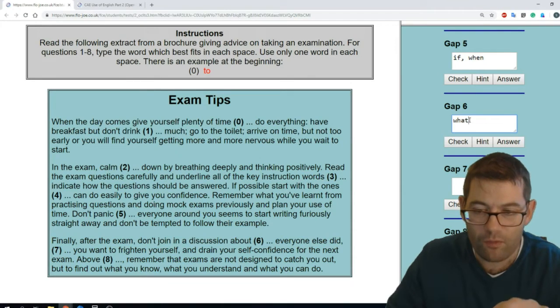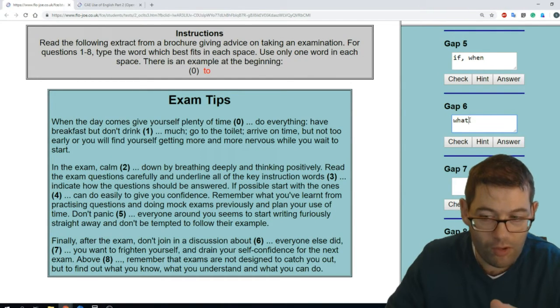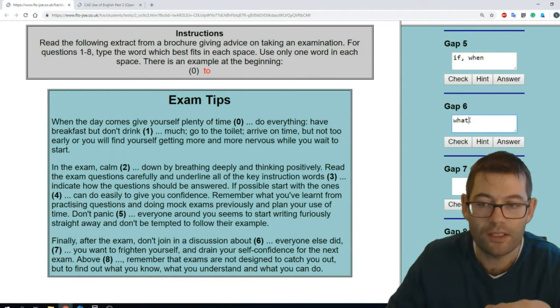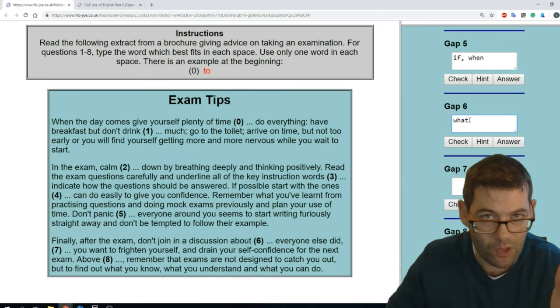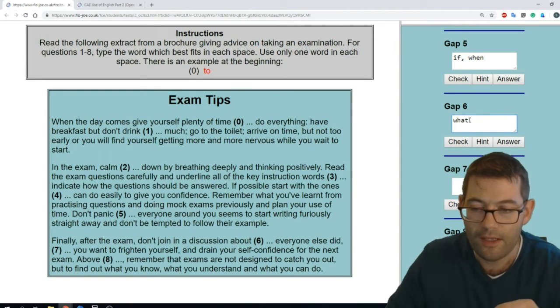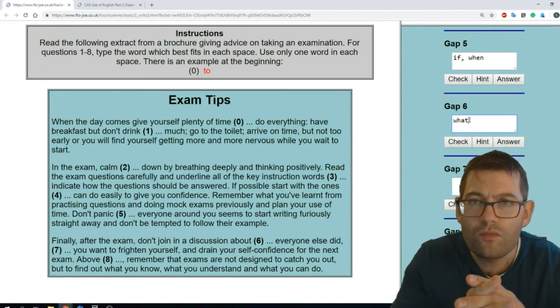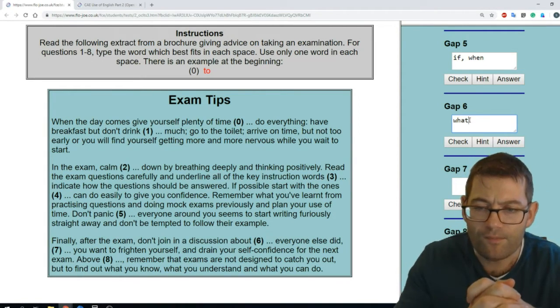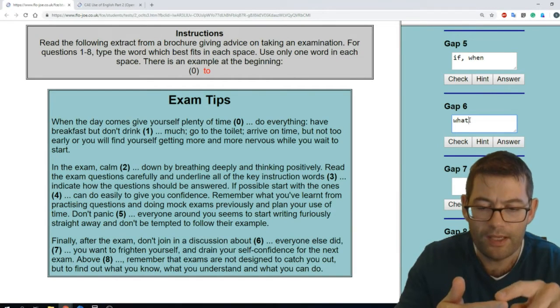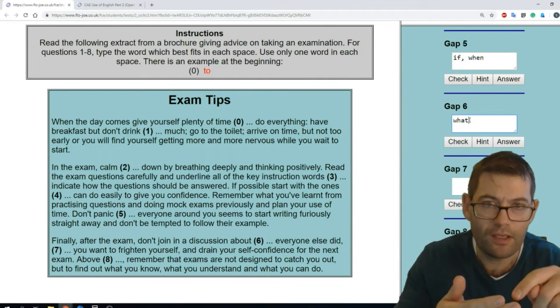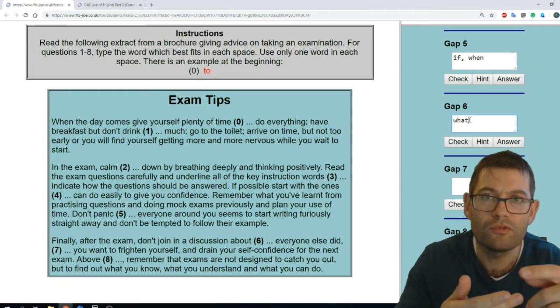And for number 7, we also have to bear in mind the whole context of the sentence, or the subclause, beforehand. Finally, after the exam, don't join in the discussion about what everyone else did, in other words, what answers they wrote down. You want to frighten yourself. So what this is trying to say is, don't talk to people except if you want to frighten yourself.